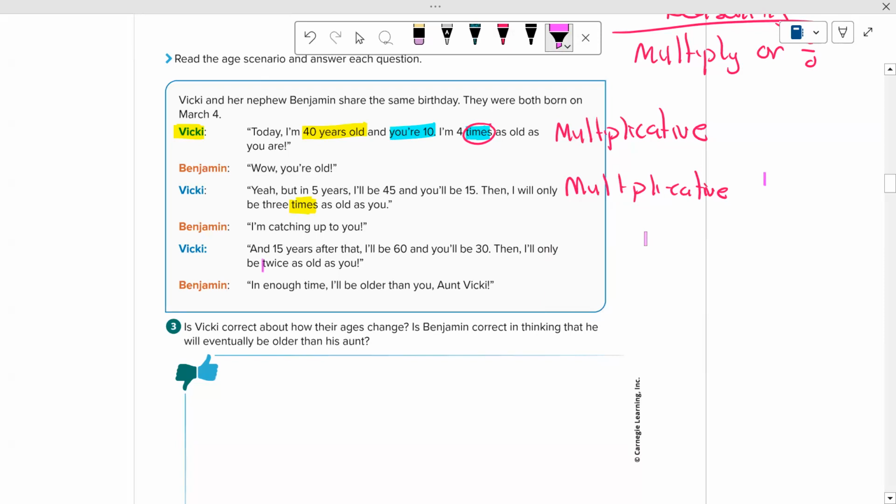Then I'll only be twice as old. Twice means 2 times. That also sounds like multiplicative. In enough time, I'll be older than you, Aunt Vic. Interesting. So is Vicky correct about how their ages change? Is Benjamin correct in thinking that he will eventually be older than his aunt?